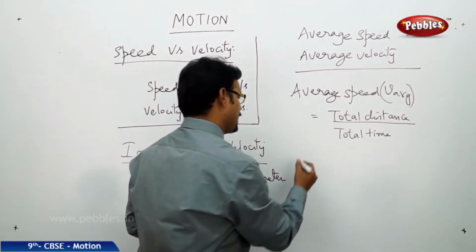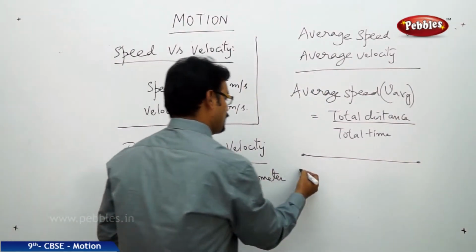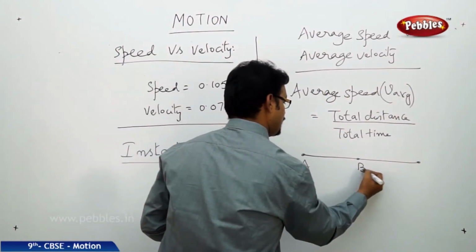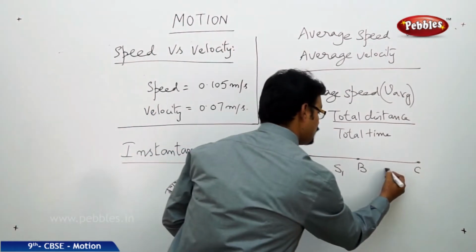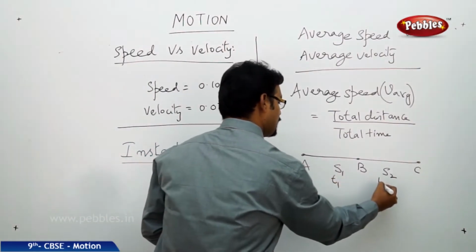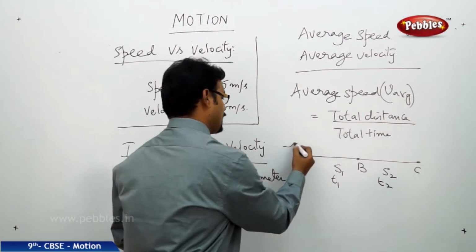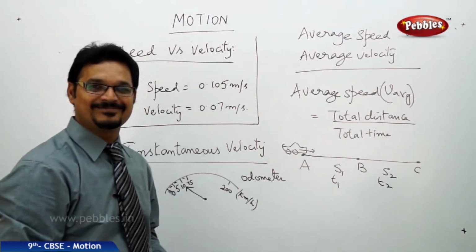Right? Okay. Let me draw a diagram for you. There is a point A, point B, and point C. From A to B, the distance is S1. From B to C, the distance is S2. The time taken is T1 and T2. And of course, it's none other than a car.